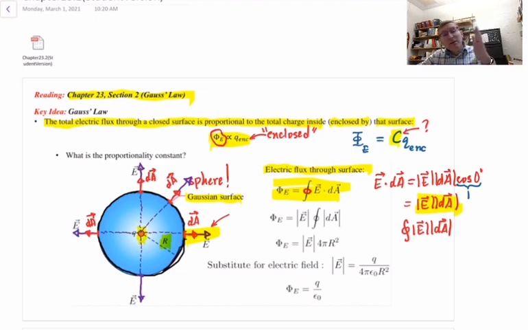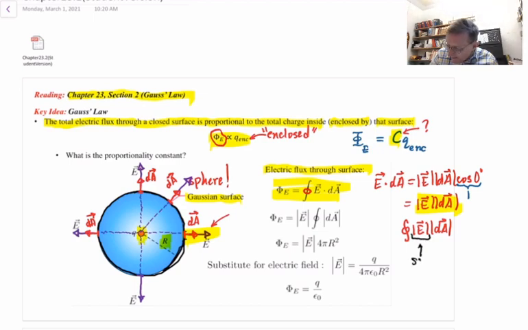And remember, we already learned in chapter 22 how to calculate the electric field produced by a point charge. And the formula is Q over 4 pi epsilon 0 R squared: Q over 4 pi epsilon 0 distance from the charge squared. But every little patch of area, dA, on the surface is the same distance R from the same charge Q. Yes? So every little patch has the same E magnitude. That's the key thing.